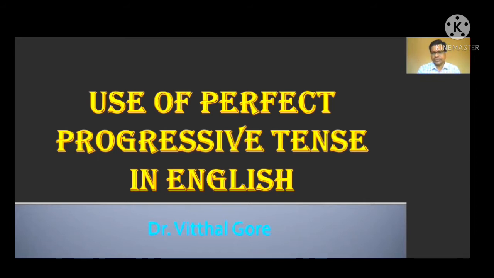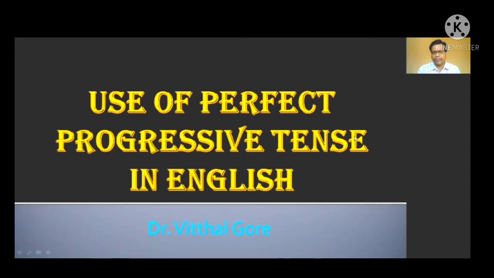As you know, we have been talking about present, past and future time and tense in English. And each of the tenses has four aspects: simple, progressive, perfect and perfect progressive.